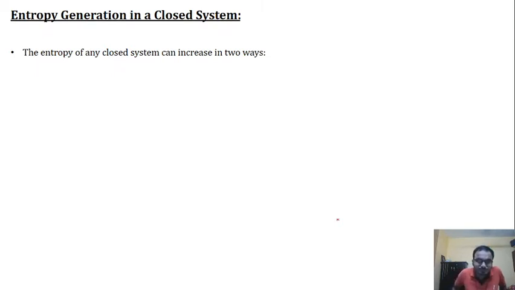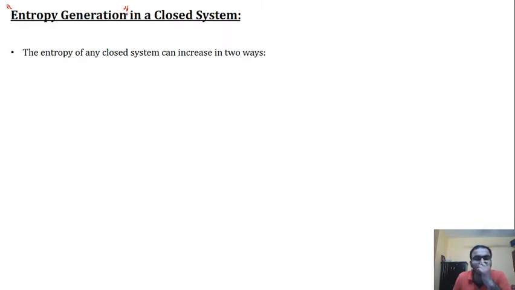Now the next topic is entropy generation in a closed system. Okay, let's begin. This is a new topic in which we will be observing entropy generation in a closed system.